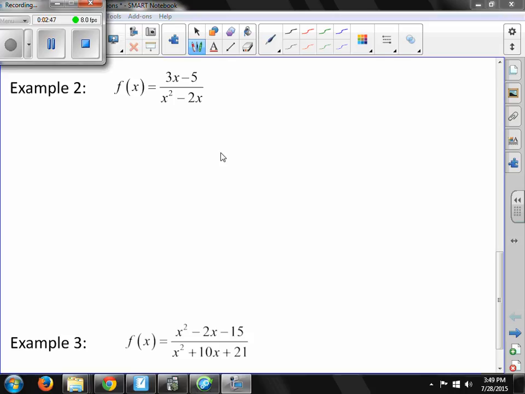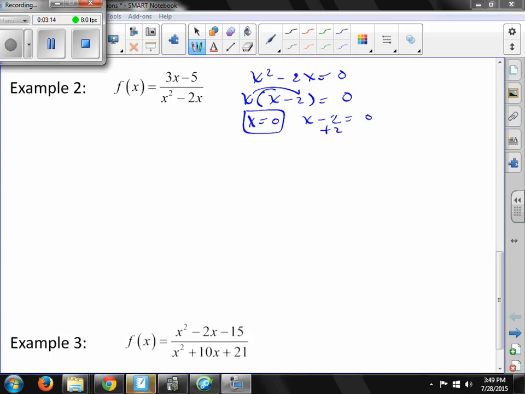On our second example, we'll have to set the denominator equal to 0. If I set x squared minus 2x equal to 0 and factor out an x, I'll be left with x minus 2 equal to 0. You see, x times x gives us the x squared, and x times negative 2 gives us the negative 2x. And then set x equal to 0 and x minus 2 equal to 0. Here's the first one that makes it undefined.